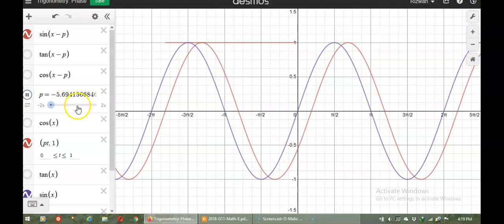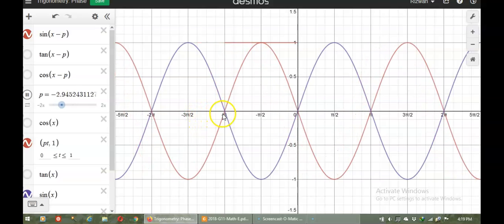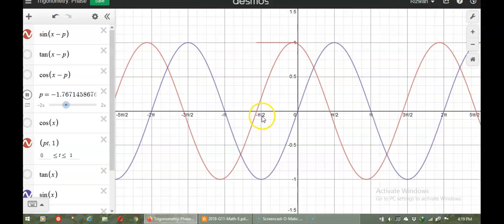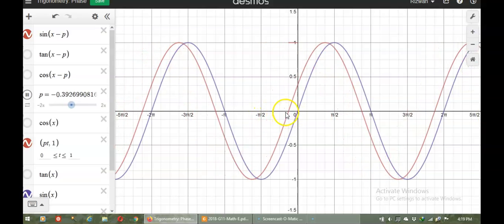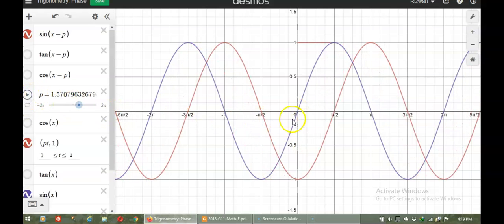Let's see. This line starts from minus pi over 2 and travels to minus pi, and then when it reaches 0, it superimposes, showing that the difference is 2 pi. That gives us a periodicity, where the graph superimposes. Now it has traveled from 0 to pi over 2, and it will superimpose the blue graph at 2 pi.